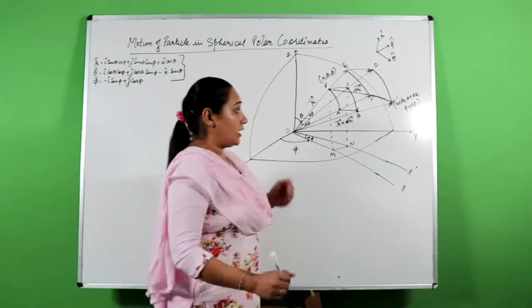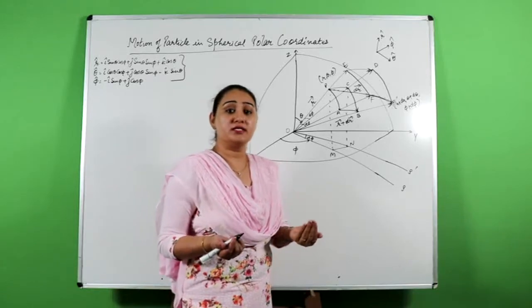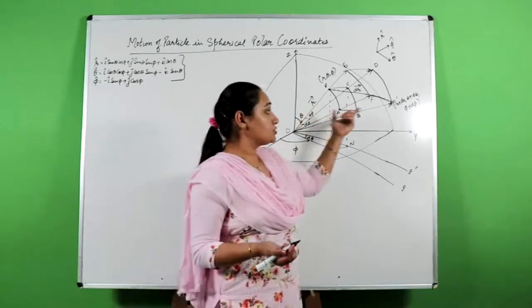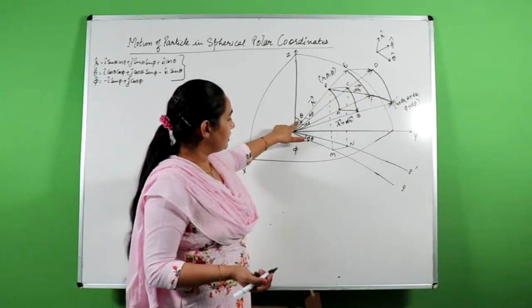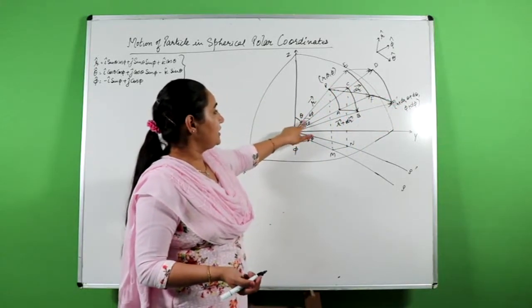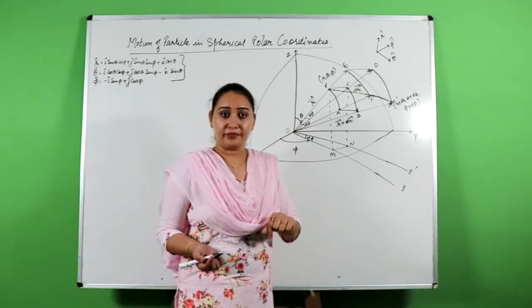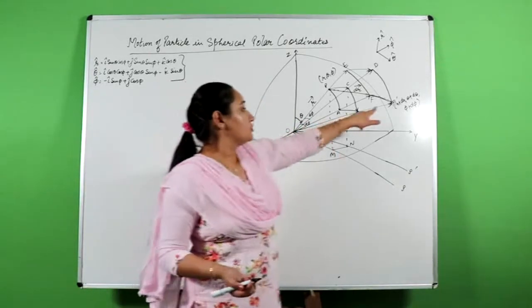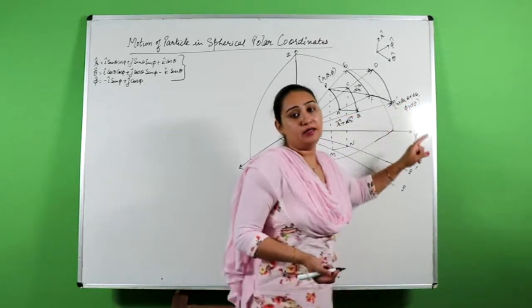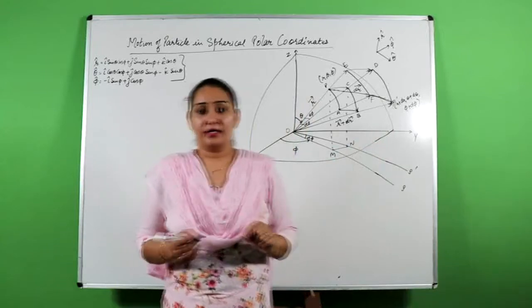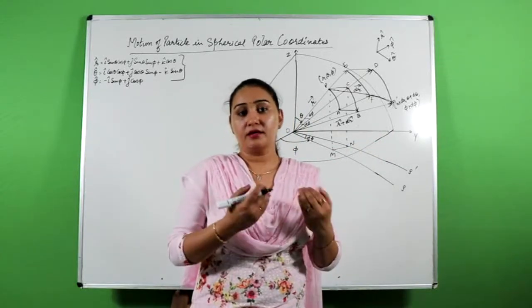And as we have already discussed, theta and phi are also not constants, so phi will also change and theta will also change. Initially it was theta, now d theta angle has been added additionally. So the coordinate for theta will be theta plus d theta, and for phi the particle will move from phi to phi plus d phi.